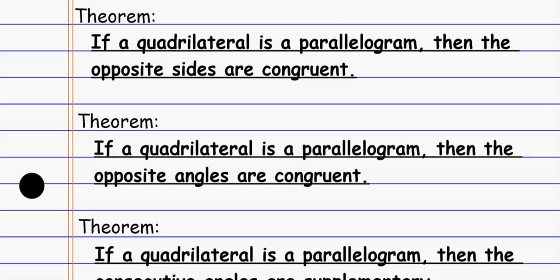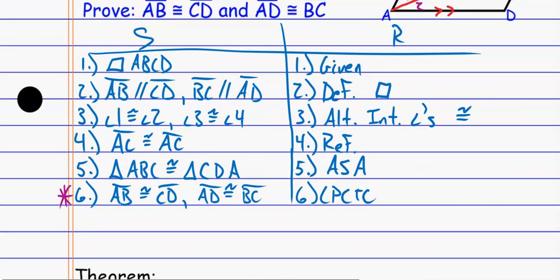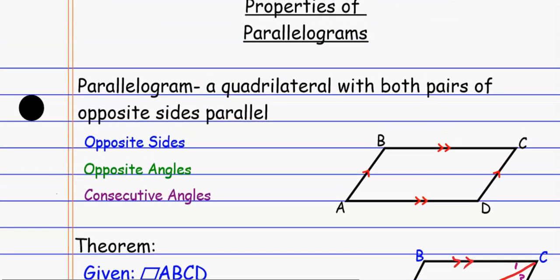And then the last one here, if it's a parallelogram, the consecutive angles are supplementary. That one is like a two-step proof. As we look back up at this original one, if BC and AD are parallel, let me extend these a little bit. Look at AB as the transversal. Well, think about what kind of angles this one and this one are. Those are same side interior angles.